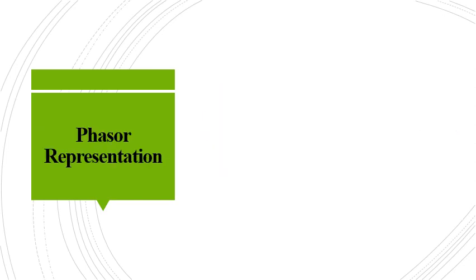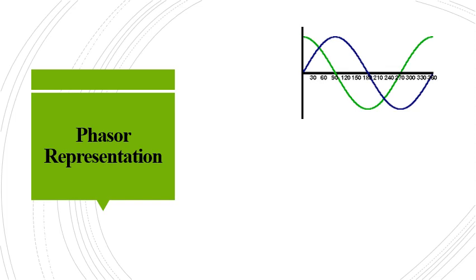Next we can see how we can represent two waves using phasors. Consider these two waveforms. One is drawn using a blue line and the second one is drawn using a green line. By observation we can see that the green wave is 90 degree leading the blue wave.